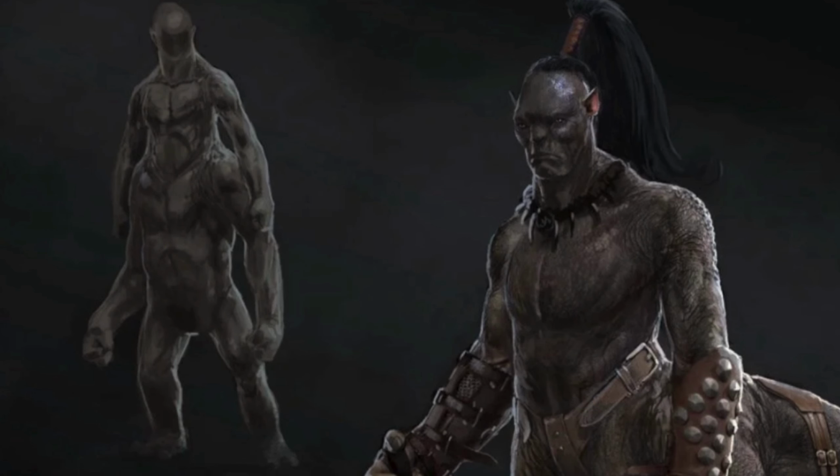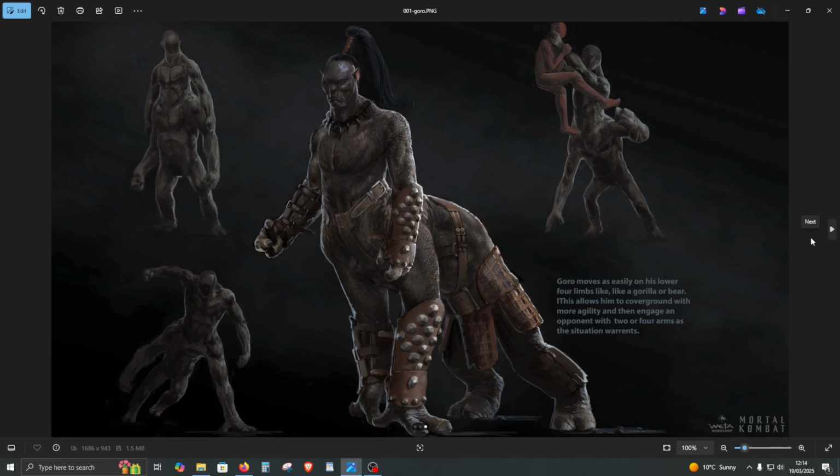But if you look at this concept art on the top left, it looks like they took some gorilla alien creature, chopped its head off, and then put the torso of another character on top of it where its head is supposed to go. What was the thinking behind this? Did they not even look at Goro first before coming up with this? Why does he even look like Motaro?